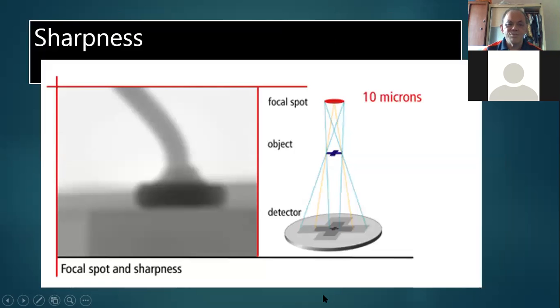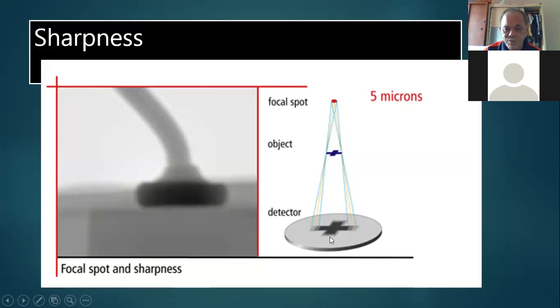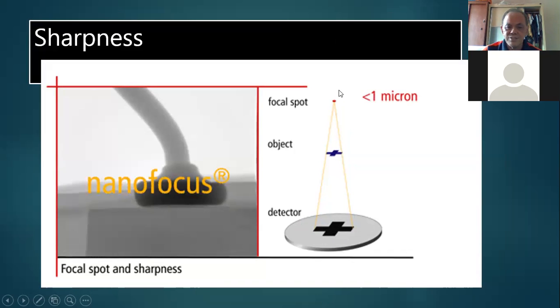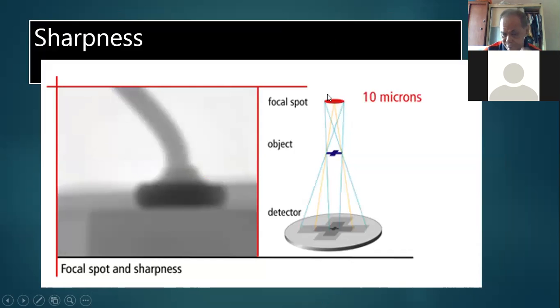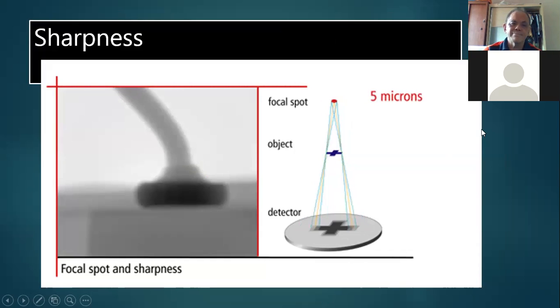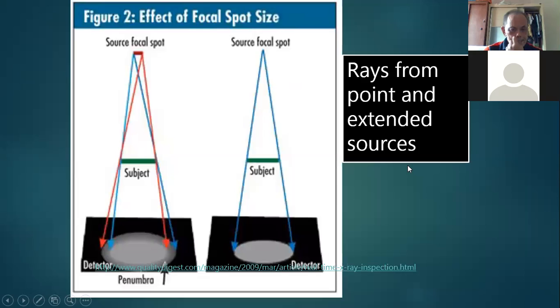This picture from the internet will show you. That is a partial shadow, or penumbra. With a small focal spot, you have a sharp shadow.